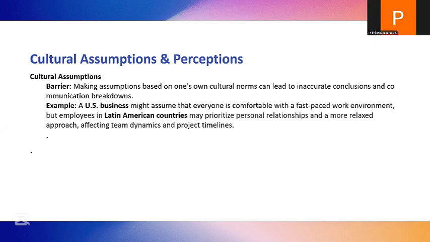The example I have given here: a US business might assume that everyone is comfortable with a fast-paced work environment, but in Latin American countries, people may prioritize personal relationships. Then there can be conflicts. So we have to always go for negotiations here.